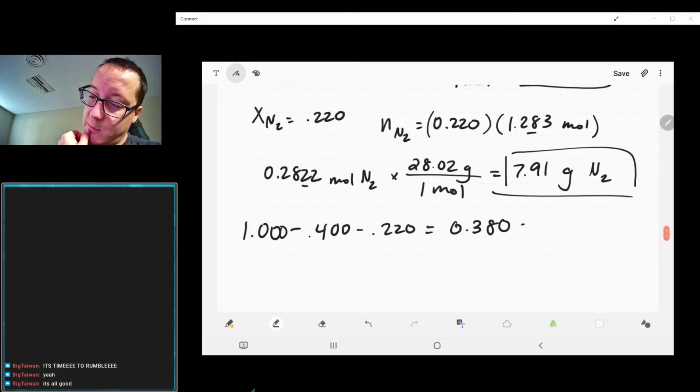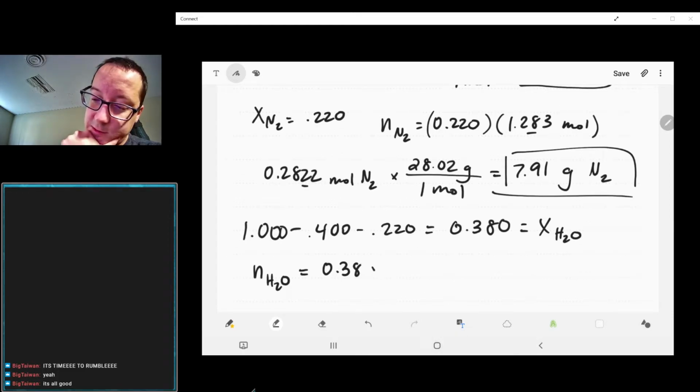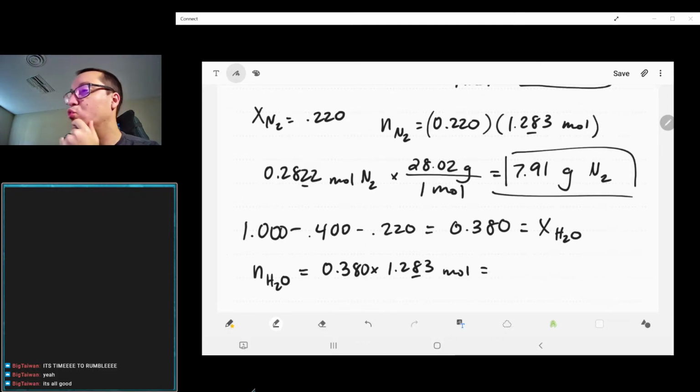And so that'll be the mole fraction for water. So just like before, now we do 0.38 times 1.283. Multiply that by 0.38.